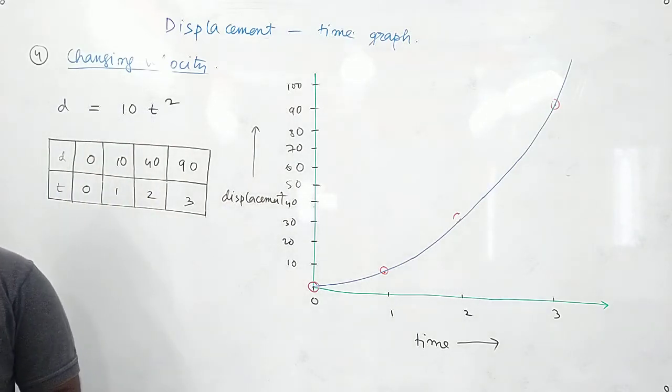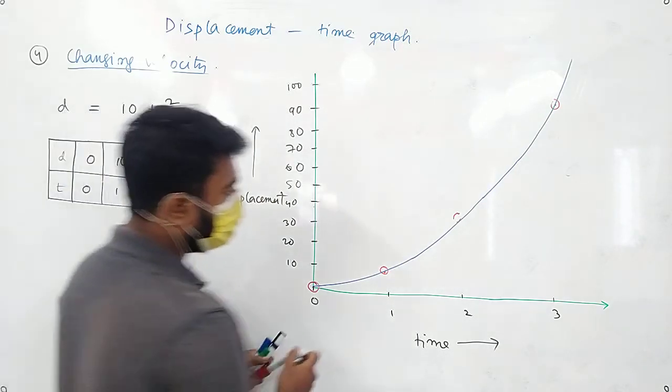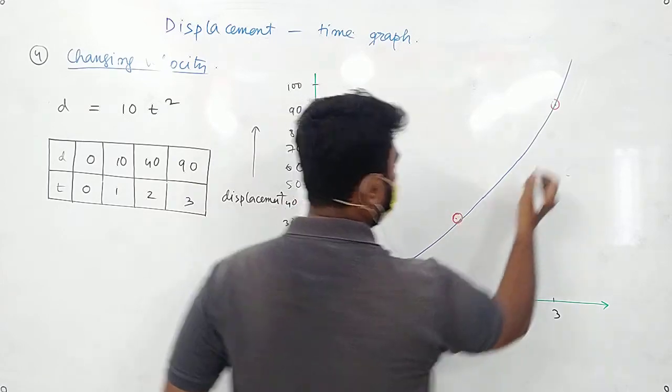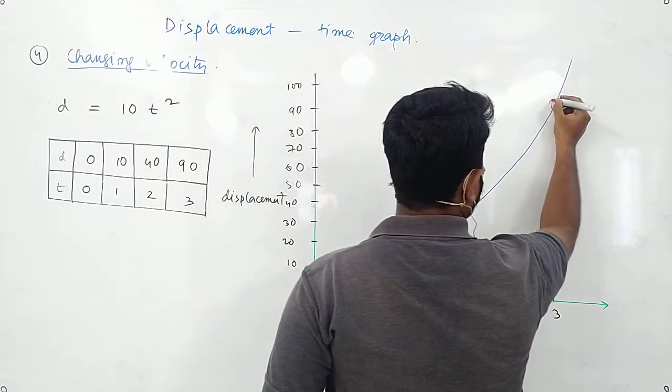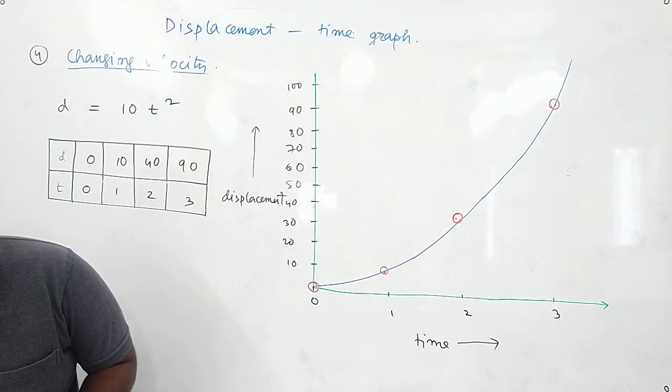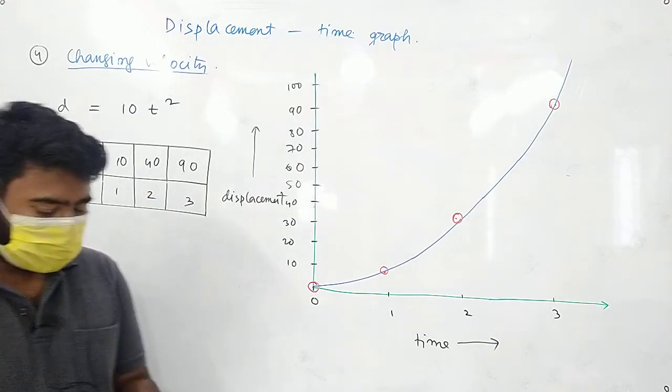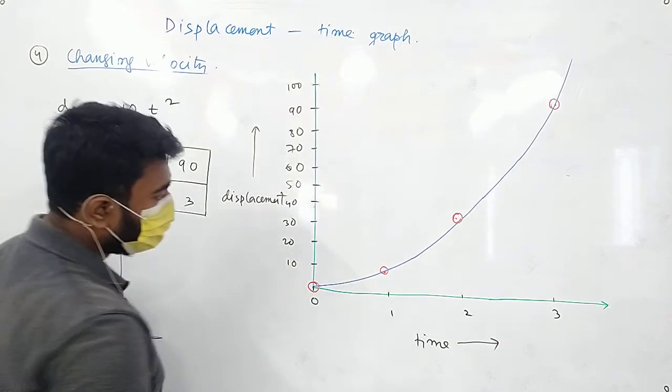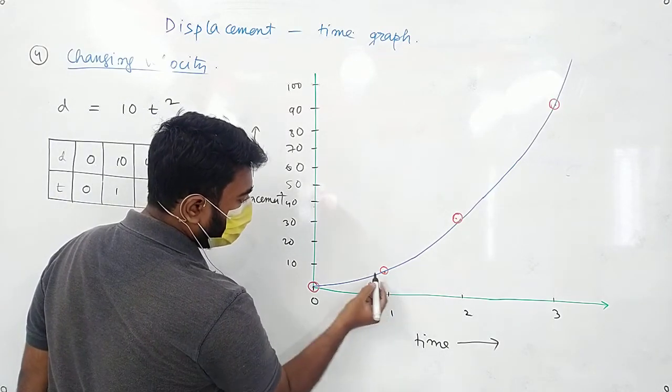This is how the graph will be. Now, it is a curve. What is it? It is a curve.